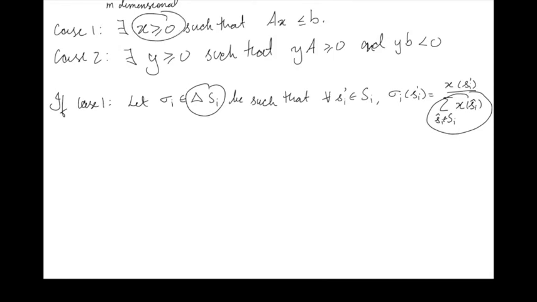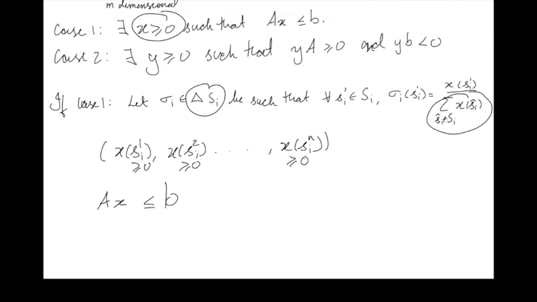So you have some vector x: x of s_i1, x of s_i2, and so forth, all the way to x of s_in. Now, all of these have to be greater than or equal to 0. Moreover, at least one of them has to be positive. Why? Because if you take the product Ax less than or equal to b, then b is all -1s.